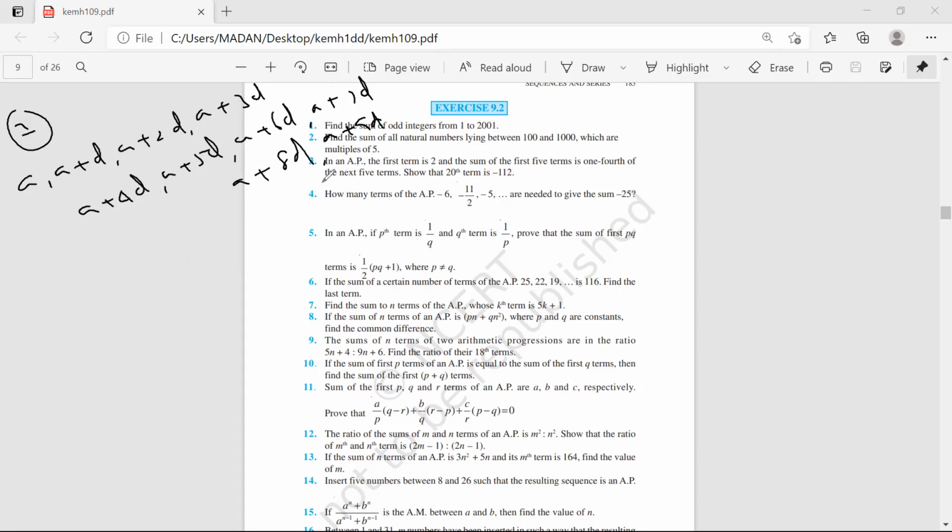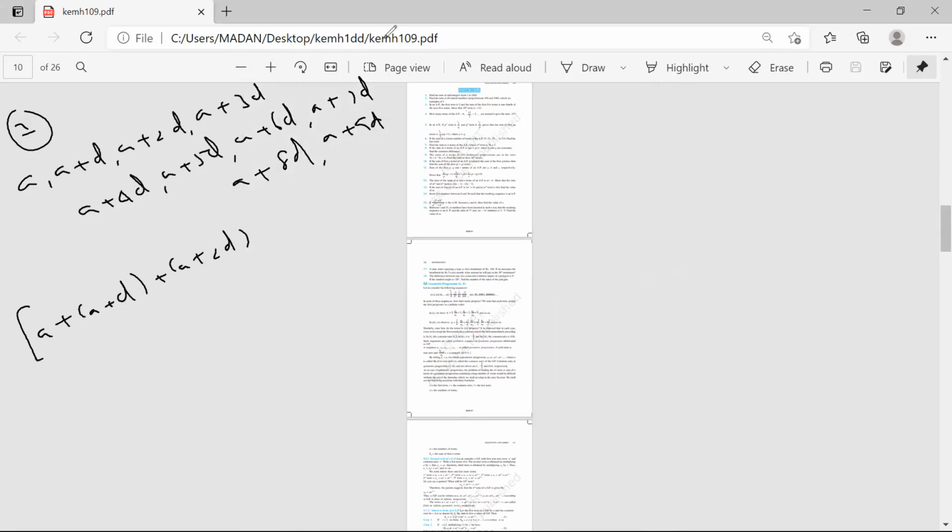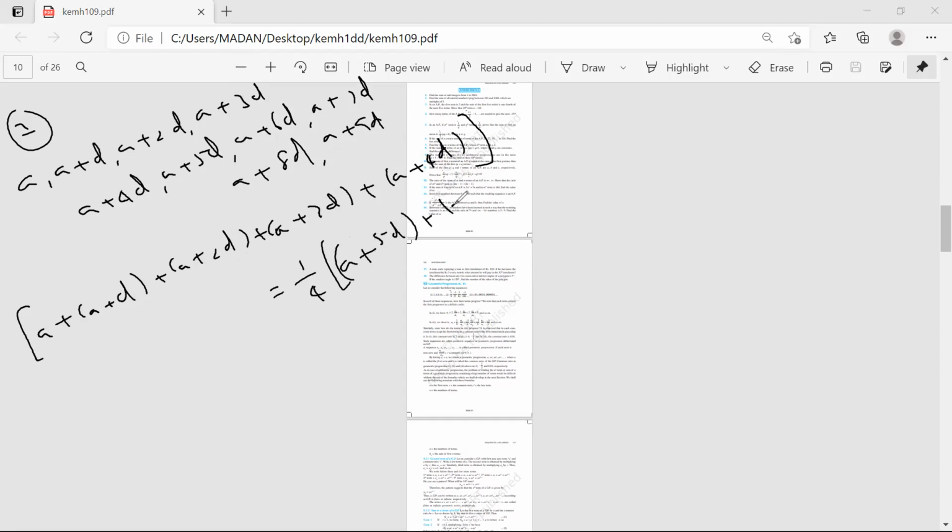What they are telling: the sum of the first 5 terms, A plus D, A plus 2D, A plus 3D, A plus 4D, is equal to 1/4 of the next 5 terms, A plus 5D, A plus 6D, A plus 7D.